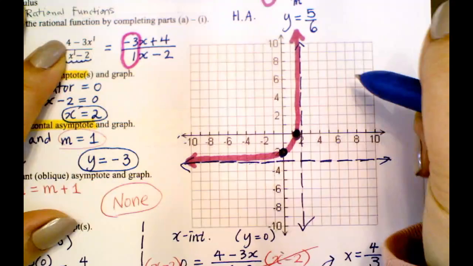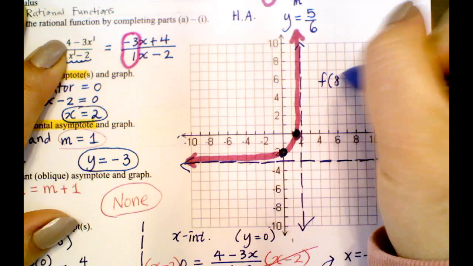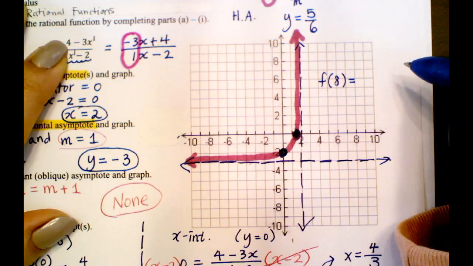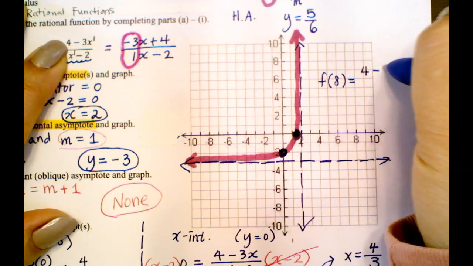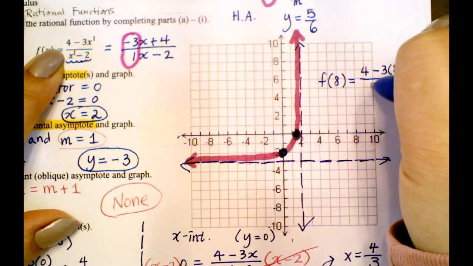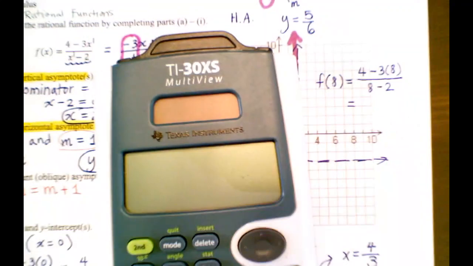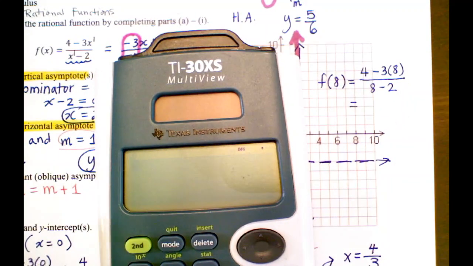If I plug in 8 into my function just so that I can plot 2 more points, I'm finding f of 8. f of 8 is 4 minus 3 times 8 over 8 minus 2. I'm going to go ahead and plug this into my little scientific calculator. 4 minus 3 times 8, over 8 minus 2.